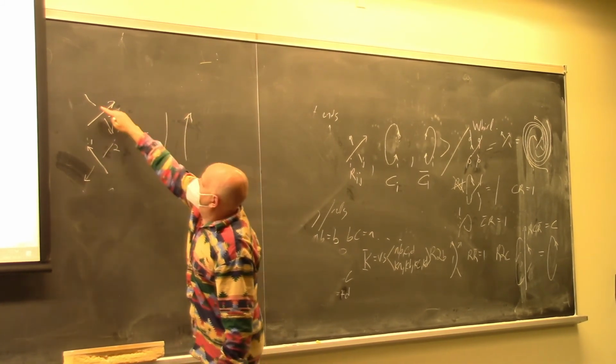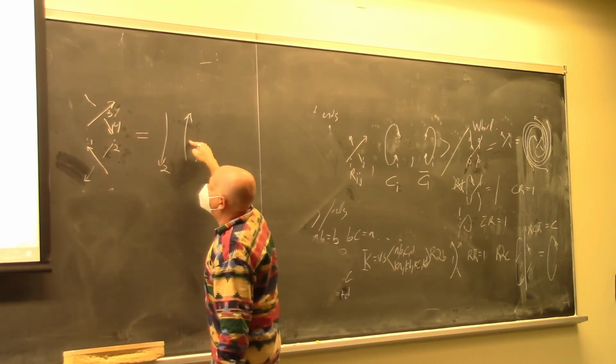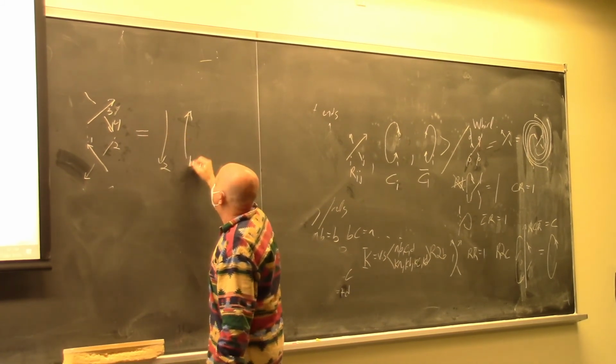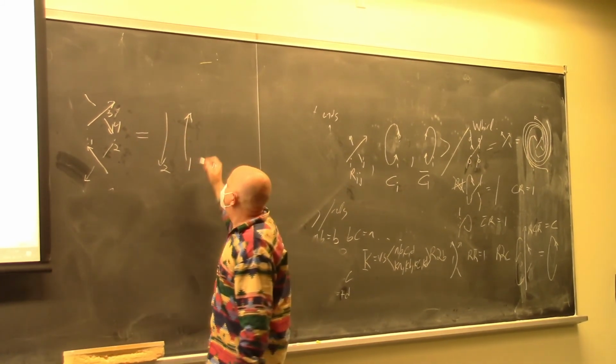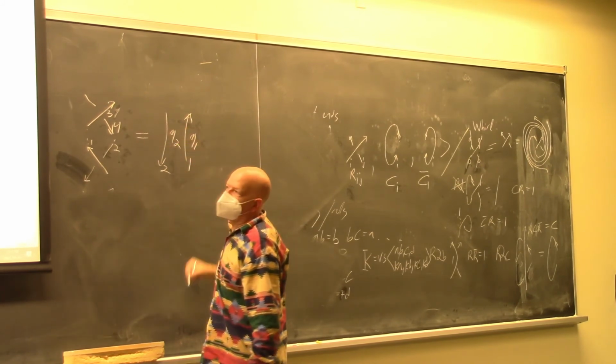But after stitching, I'm calling 4, 2, 2. And the 1, 3 strand, I'm calling 1. So it should be eta 1, eta 2.